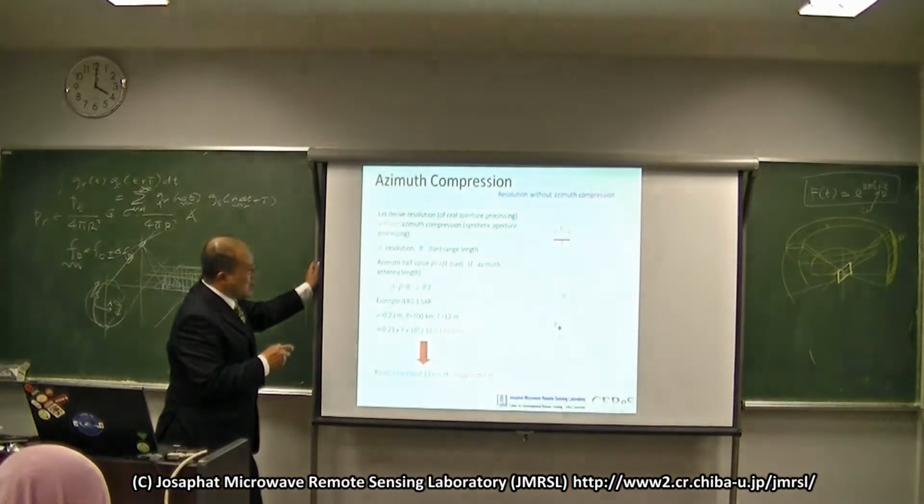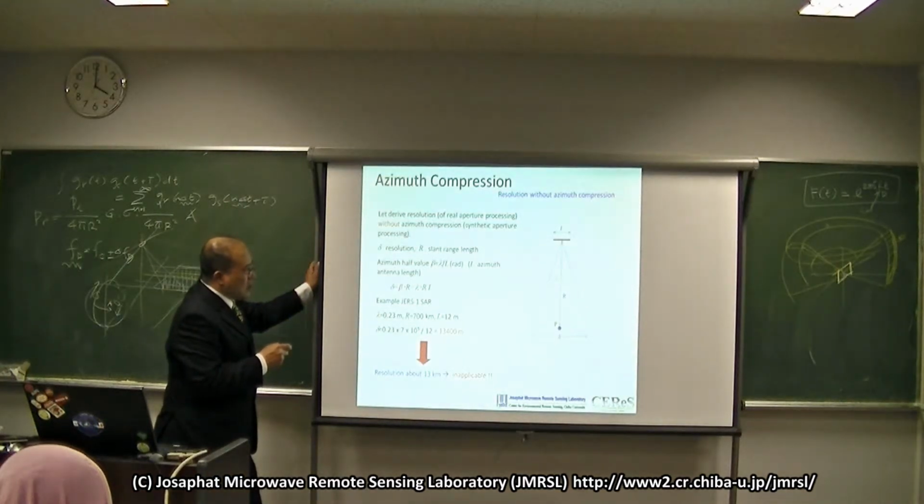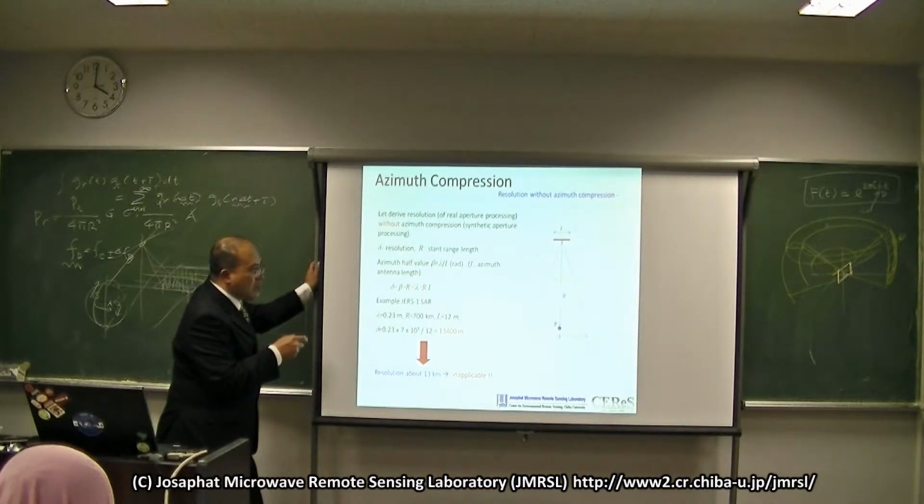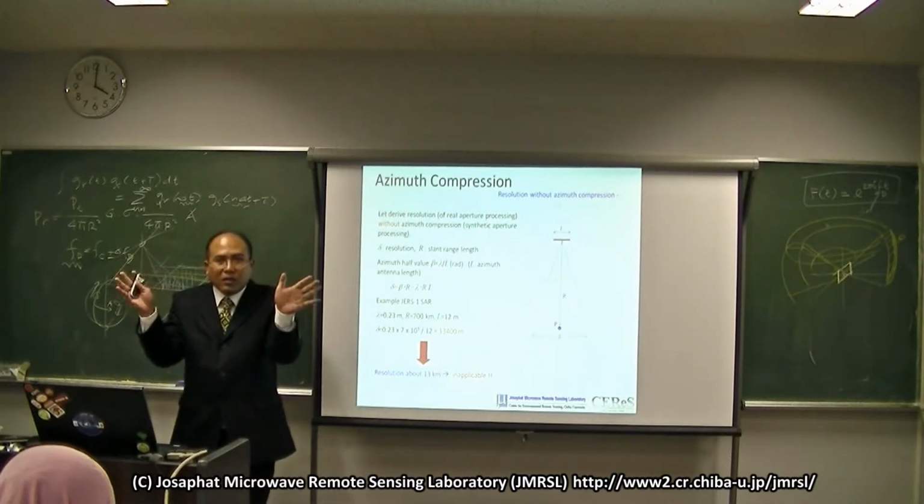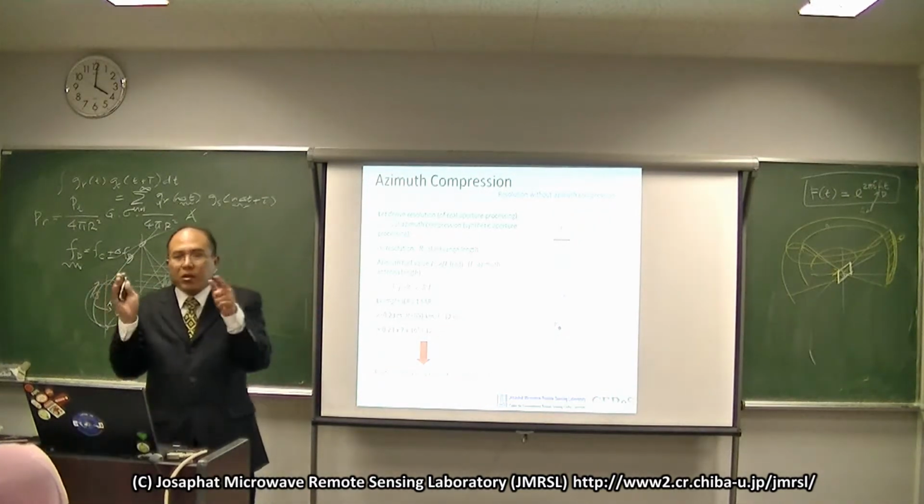Then let's insert beta. Beta is equal to lambda divided by L. You can insert here and find lambda, the wavelength, times R, divided by the antenna width. All depends on your antenna width.